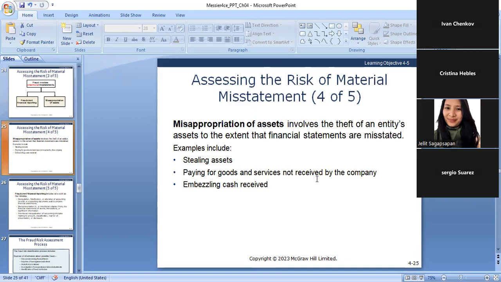Anyway, now let's go with the misappropriation of assets. Misappropriation of assets involves the theft of the entity's assets to the extent that financial statements are misstated. So what's happening here is the inventory that the company has is misappropriated. Let's say on every 3 computers that you're buying, the 4th computer goes somewhere else.